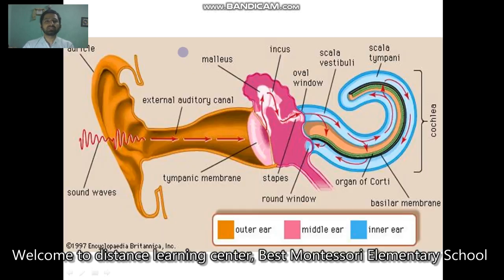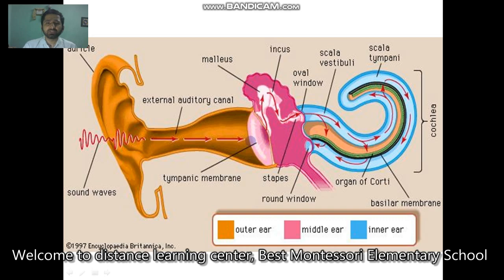Now what happens is, in the first phase, the sound wave is collected by the external ear and passes through the external auditory canal. In the external auditory canal, these sound waves vibrate the tympanic membrane, the eardrum.